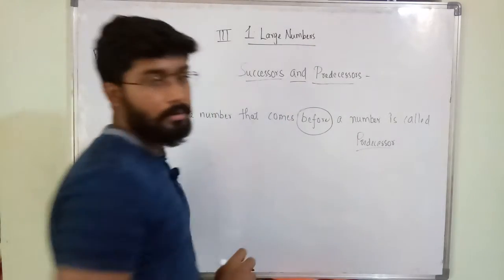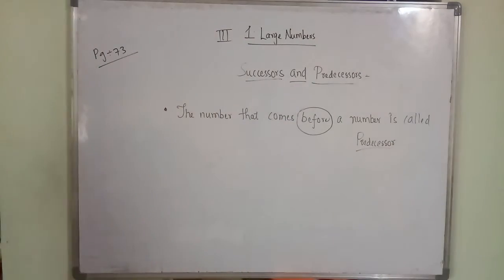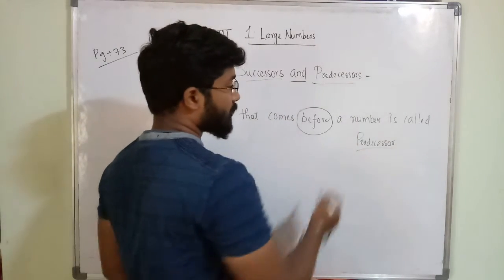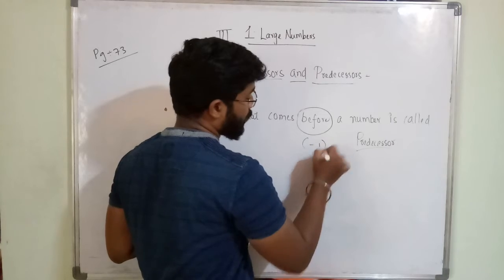The number that comes before a number is called the predecessor. Means you have to do -1.